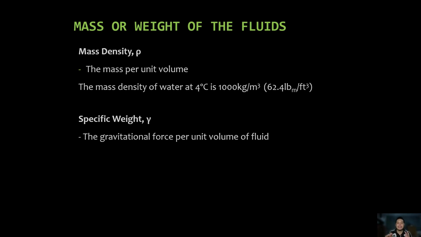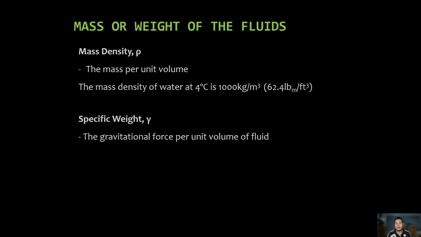So please take note of these particular values because we will be commonly using these values: 1,000 kilograms per cubic meter and 62.4 pounds per cubic foot of water, as mass density.